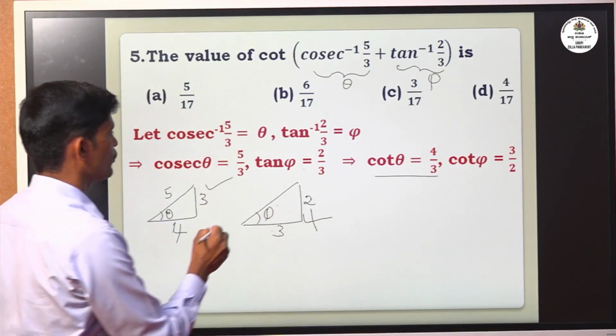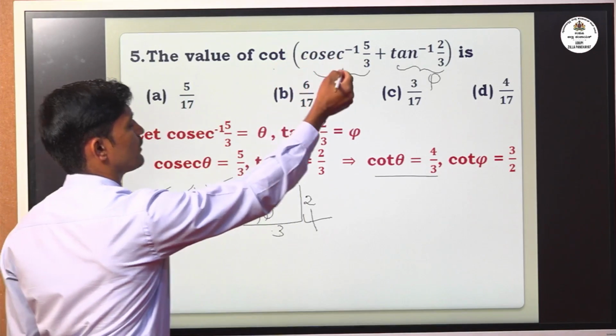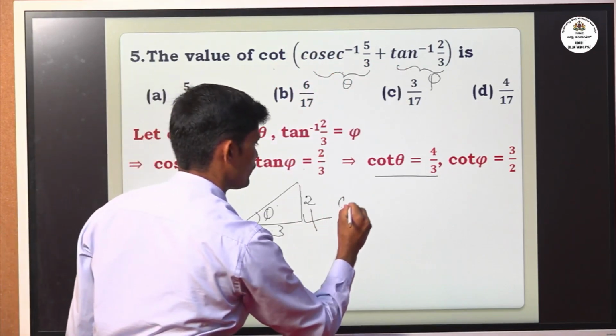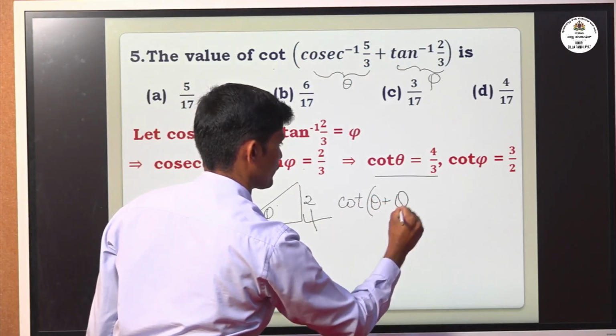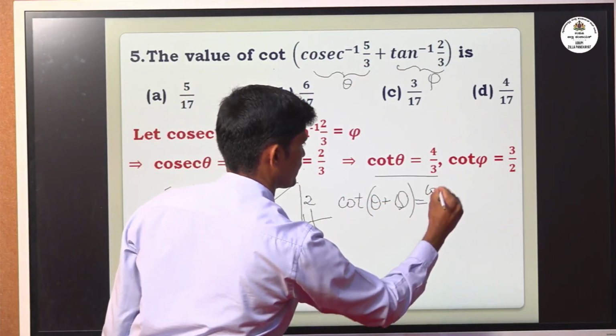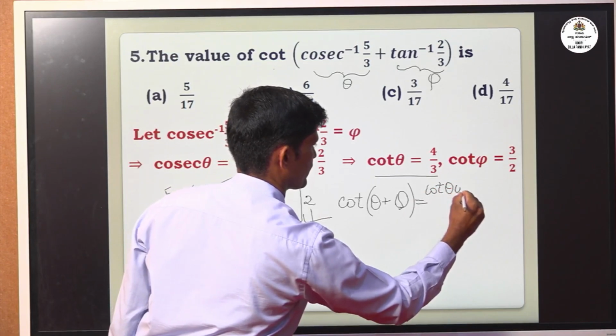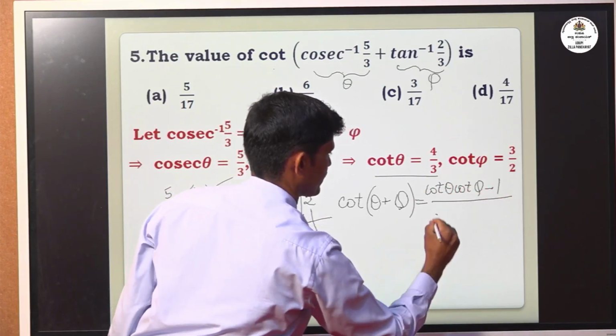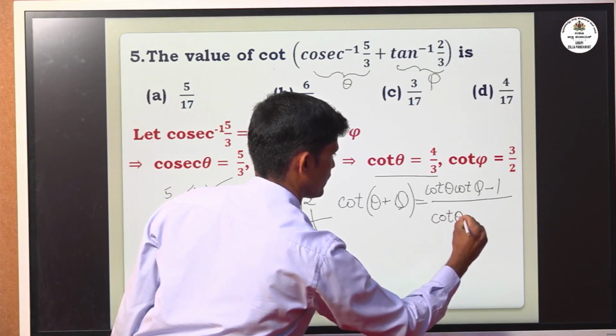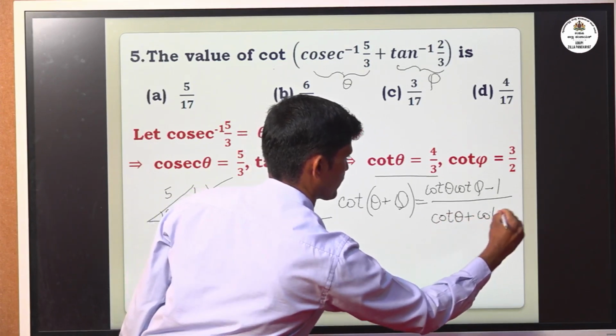Now we have to go to the formula cot of theta plus phi. Cot of theta plus phi is equal to cot theta into cot phi minus 1 divided by cot theta plus cot phi.